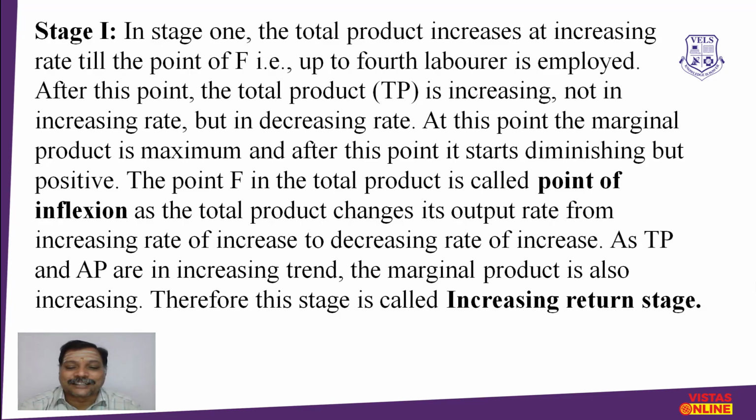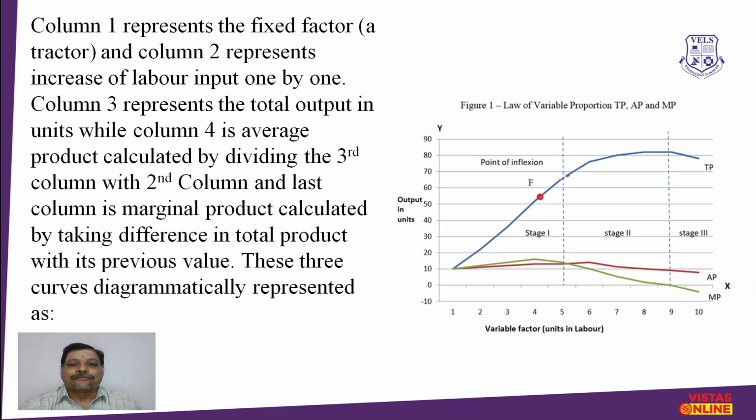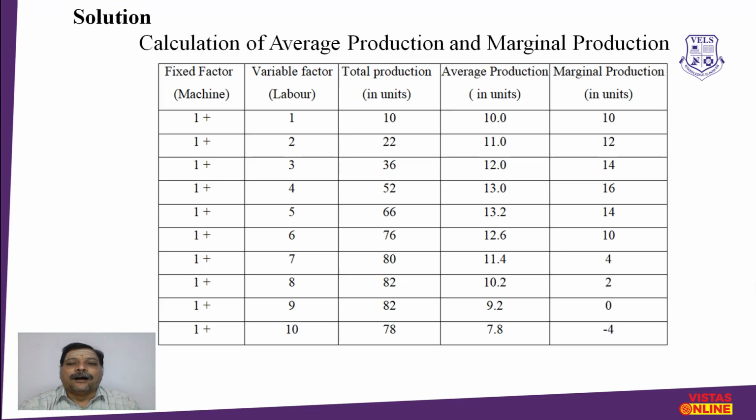For your better understanding, I will explain with the diagram. So I am going to the previous slide. You can see the marginal product is 10, 12, 14, it is increasing. Up to the fourth laborer, it is in an increasing trend, that is from 10, it is increased to 16.